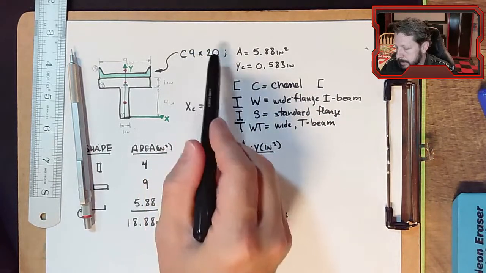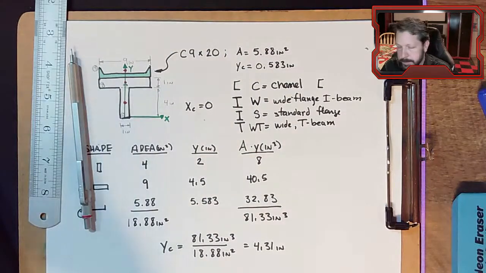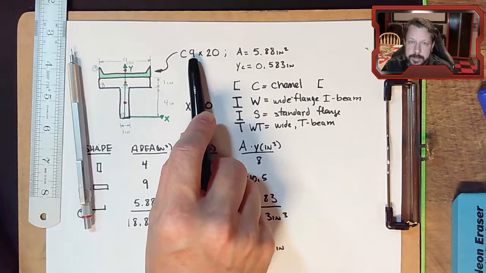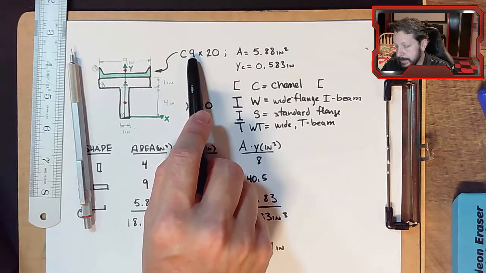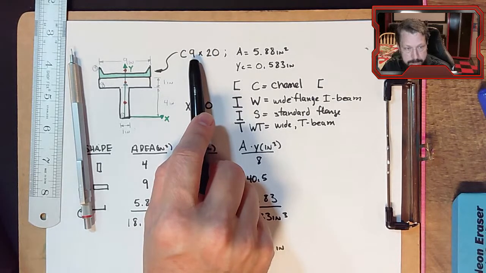And so this name gives you a lot of information about it, but normally you have to go to the charts and get the specific information. Like, for instance, this 9 is normally 9.25 or 8.75, it's something around 9. It's not always exactly 9, although the channels in this chart I'm looking at, the 9 is always 9 inches deep, and the 10 is always 10 inches deep, and so forth.